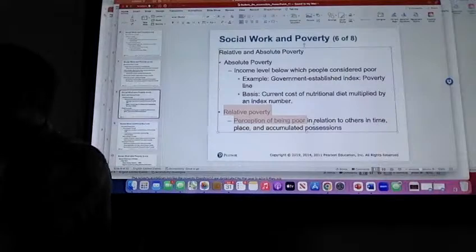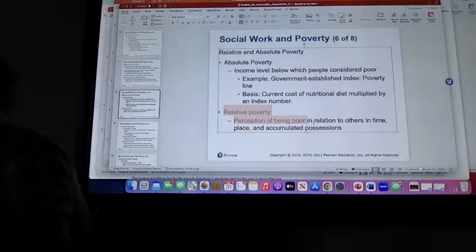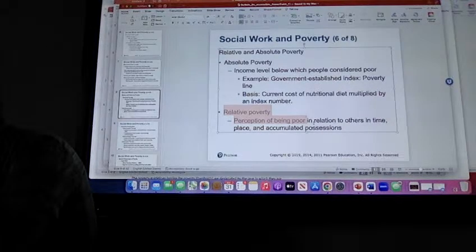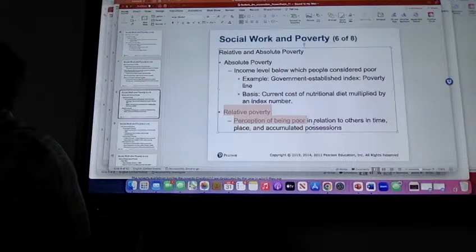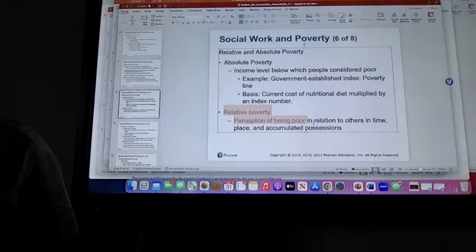Has anybody ever heard of a food desert? Yes. How would you define a food desert? Like, however you define it. Those who know, fresh foods being placed there. Absolutely. Anybody else? Food deserts? You come from one? I was born in one.